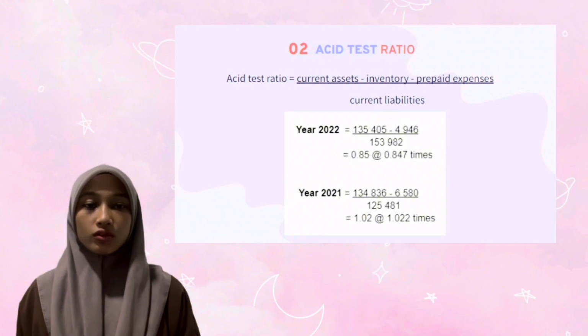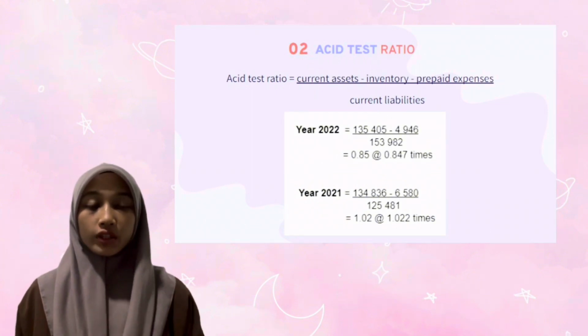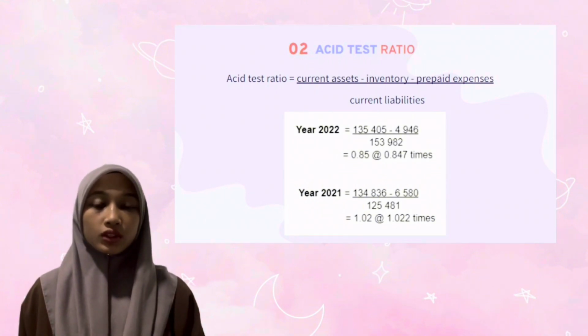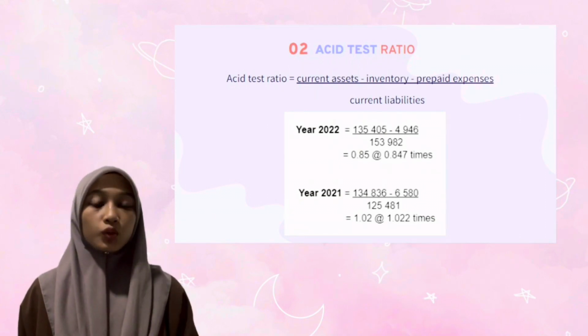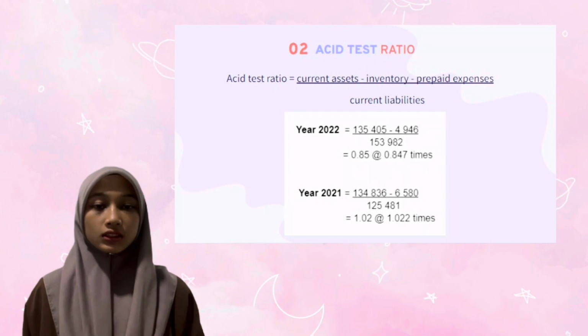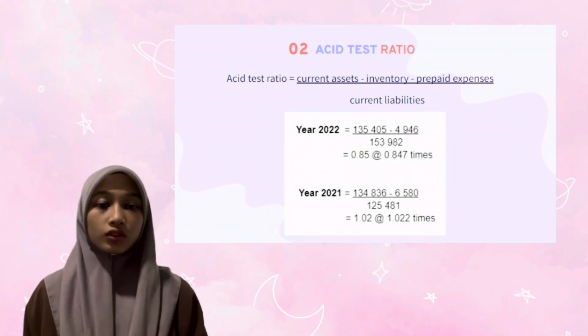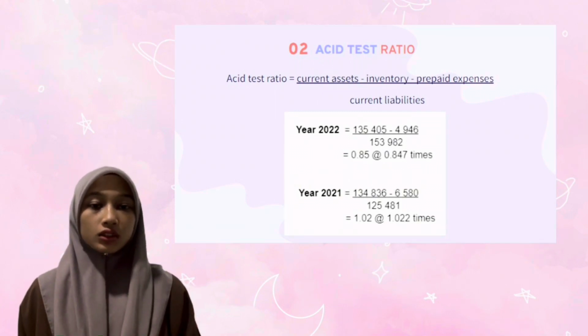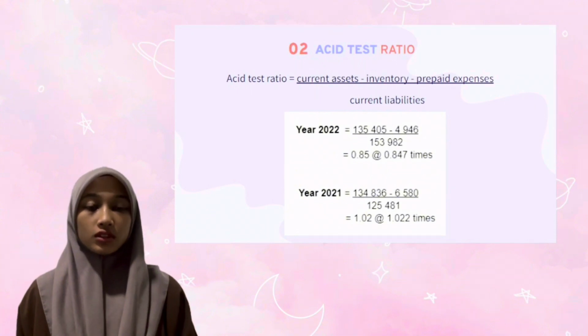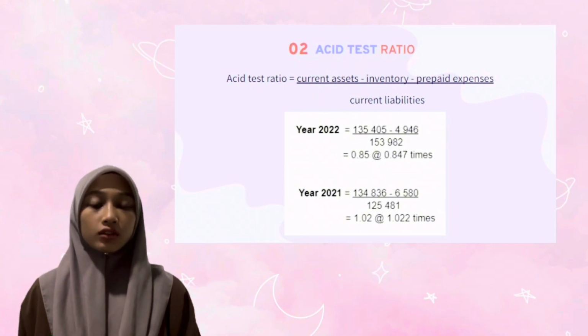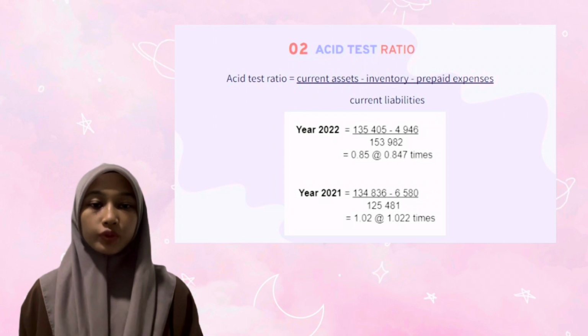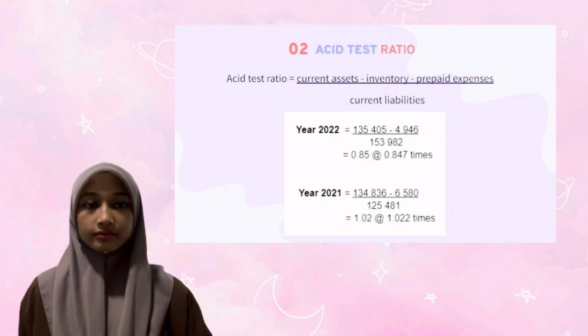For the year 2021, the current assets are $134,836 million deducted with $6,580 million and divided with $125,481 million. The total answer we got is 1.02 times.